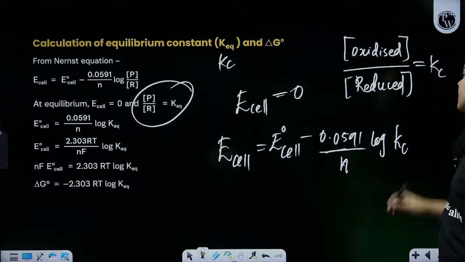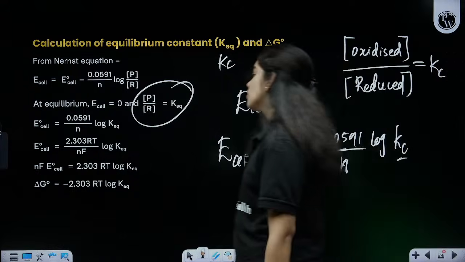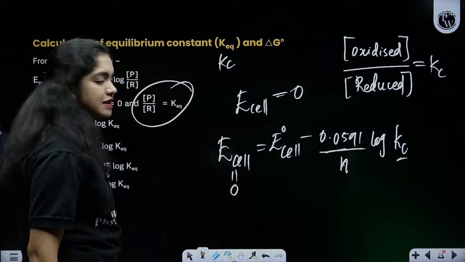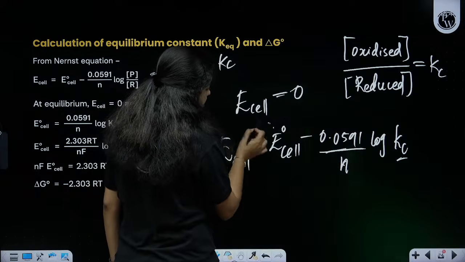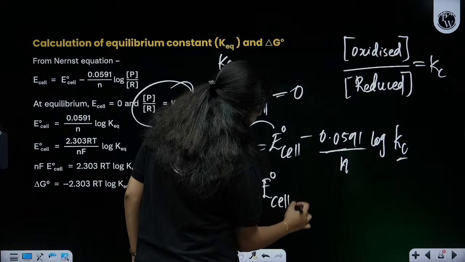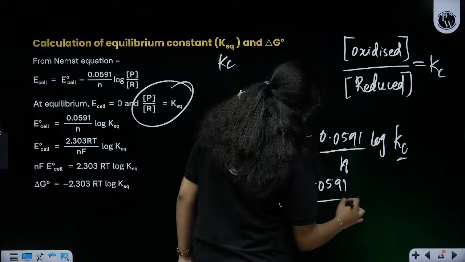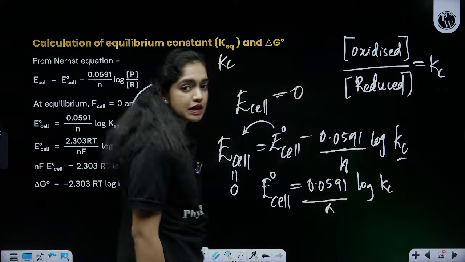So instead of oxidized by reduced, we can simply substitute Kc. And we know that at equilibrium, E cell is equal to 0. So we can change the equation. Here it will be 0. Take E cell to the opposite side. So E0 cell is equal to 0.059 divided by N log Kc, which is the final equation at equilibrium.